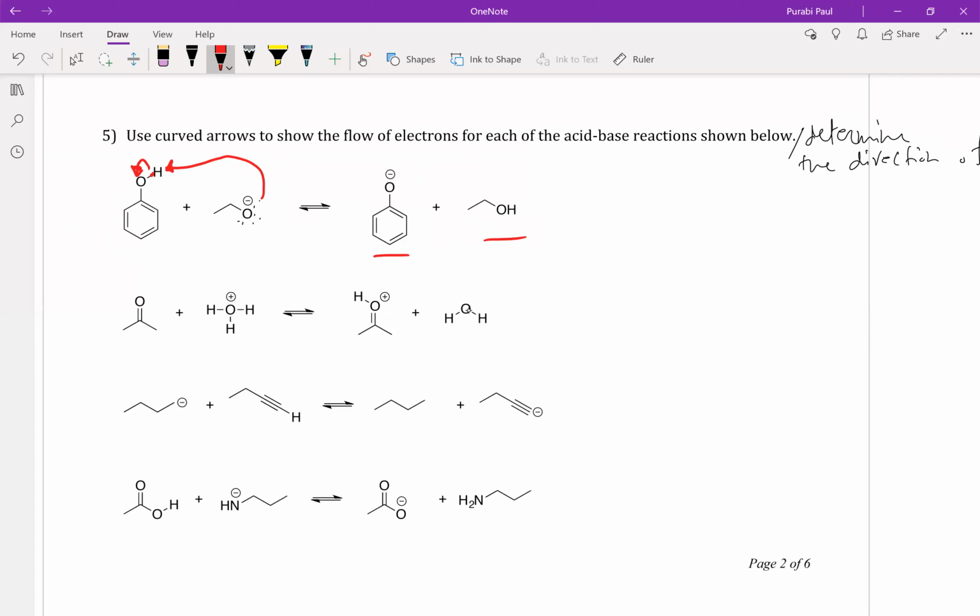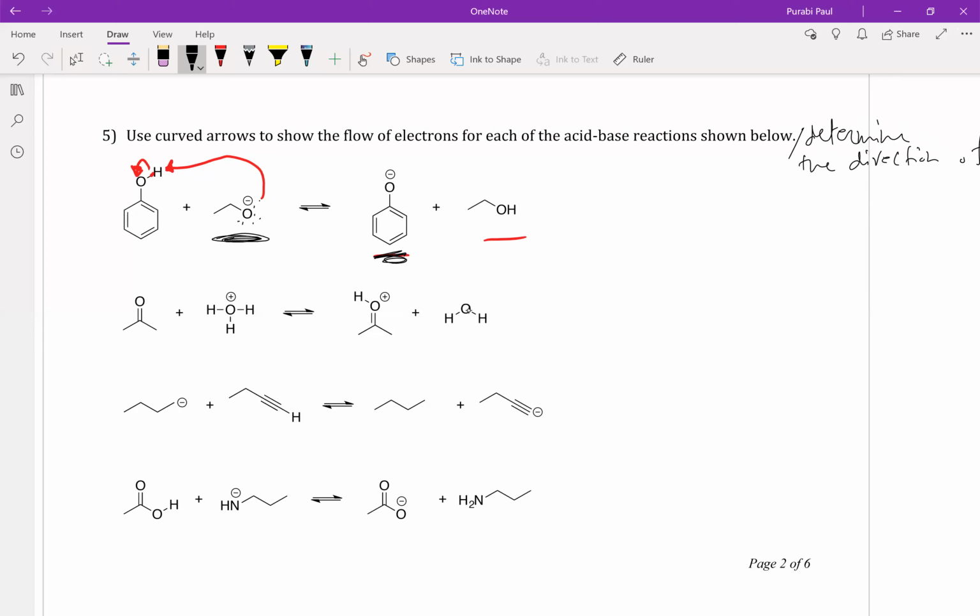Now, how do you determine which side is favored, right? So my trick is look at the charged species, and wherever the charged species is the most stable, it's the side the reaction is favored, right? So our charged species for this reaction is this O minus and that O minus, right? So what do you guys think is the more stable O minus?